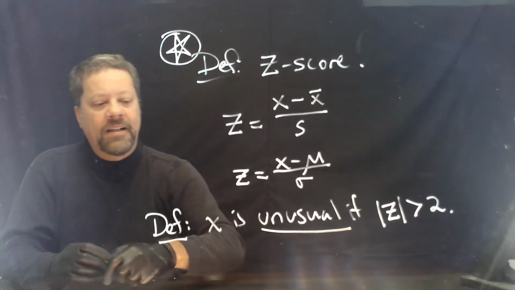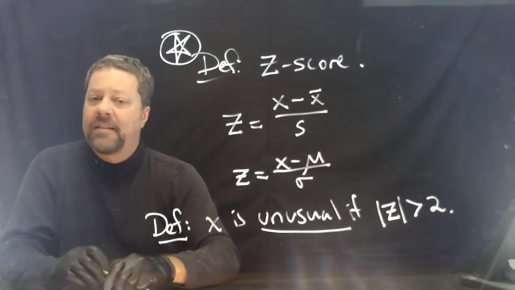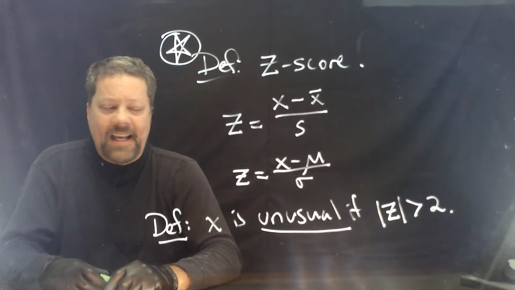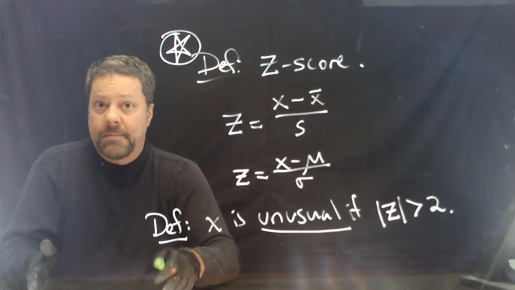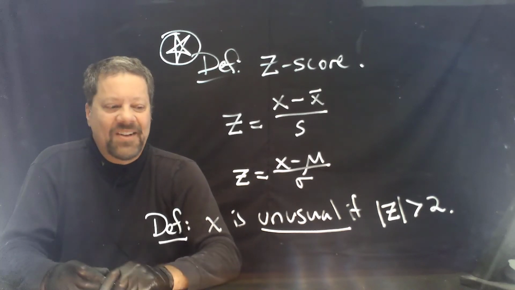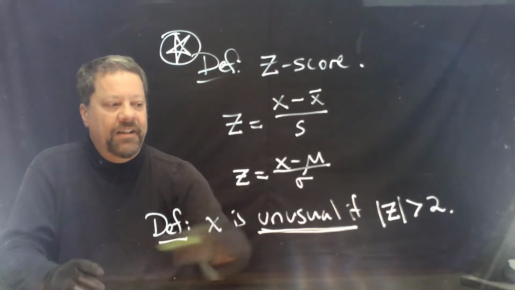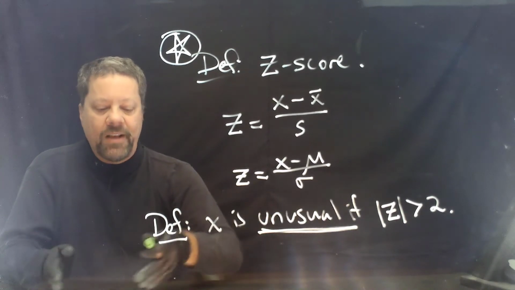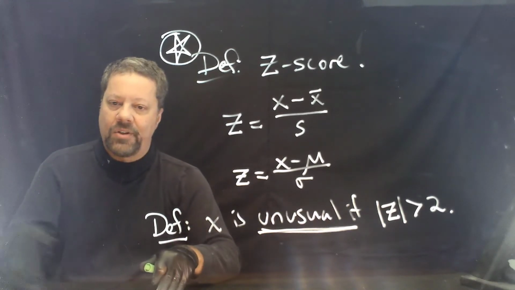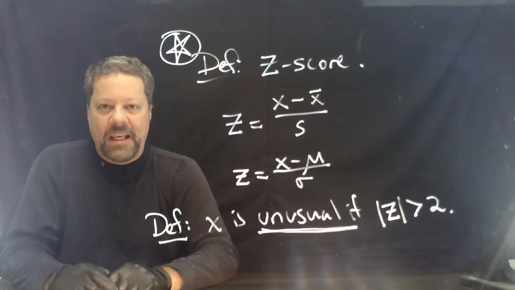So if a data value is outside of that, there's only a 5% chance of that happening, which means it's kind of unusual. So a data value is officially defined to be unusual if it lies more than 2 standard deviations to the right or 2 standard deviations to the left of the mean.